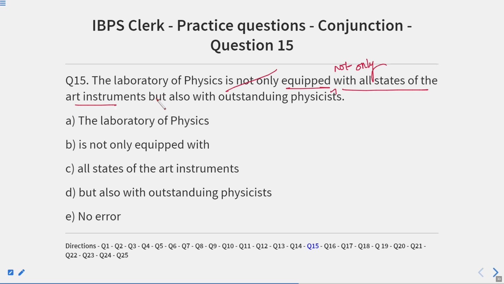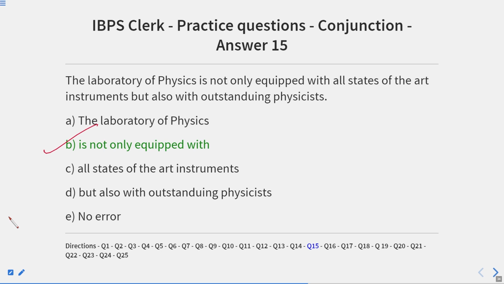So the correct sentence will be, the laboratory of physics is equipped with not only the state of the art instruments but also with outstanding physicists. So the error is in part B.